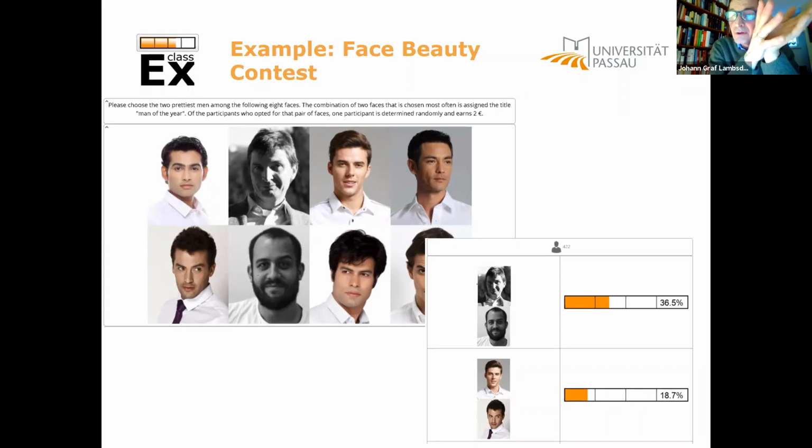But you will know that whenever you are in classEx, you can just have a look at all the previous data. And then tell your students, I expected you to play the following way. You surprised me, but I can tell you that in previous rounds, in previous experiments, these were the results. And then you just have a look at the previous data, which are stored in the repository, and they are quickly at hand to you.